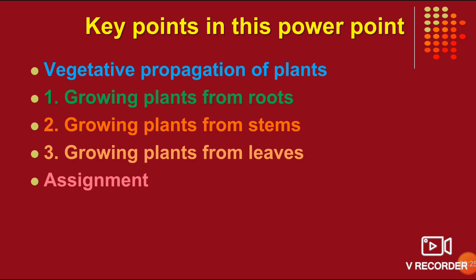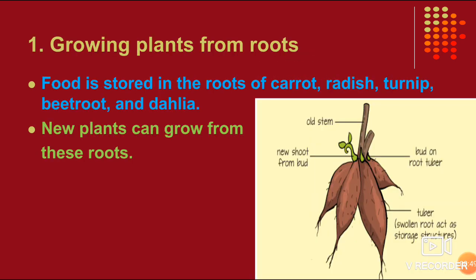The reproductive part of a plant is the flower, and roots, stems and leaves are all known as the vegetative parts of the plant. Today we are going to see how these vegetative parts are helpful in propagation, in increasing the number of plants. Let's see how roots are helpful in growing new plants.